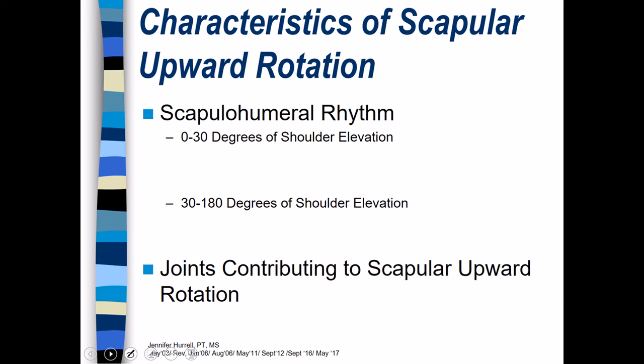So if someone had a frozen shoulder, or an adhesive capsulitis, and the glenohumeral joint was kind of stuck and not moving well, and the patient was trying to get their arm overhead, if the glenohumeral joint couldn't do the pure motion from 0 to 30 and couldn't carry 2/3 of the motion the rest of the way up, then what might we see the scapula do to compensate? Less or more motion from the scapula? More motion from the scapula.